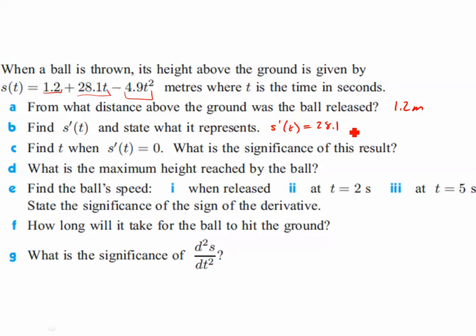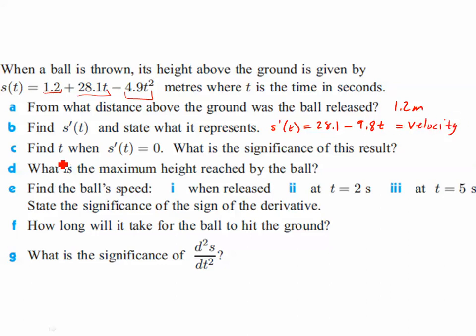Then the variable goes away, minus, and then this 2 will come in front, which will be 9.8t. And so this expression now represents the derivative of the displacement, which of course is velocity. And not just velocity, but since it's the derivative, it is the instantaneous velocity.